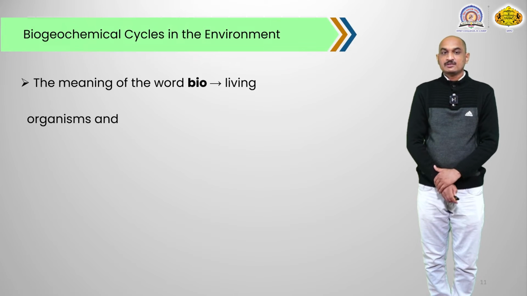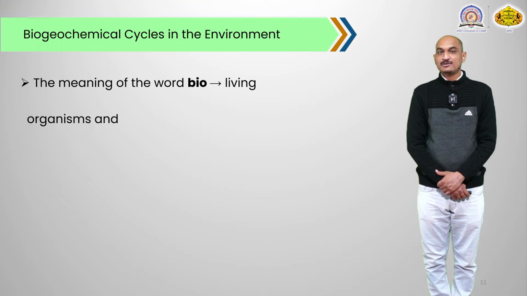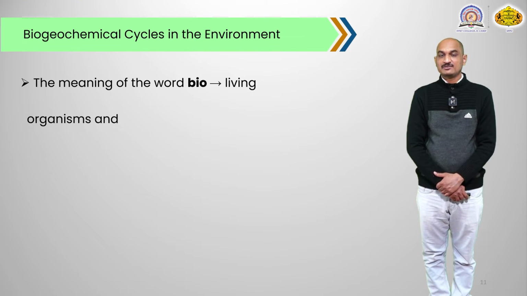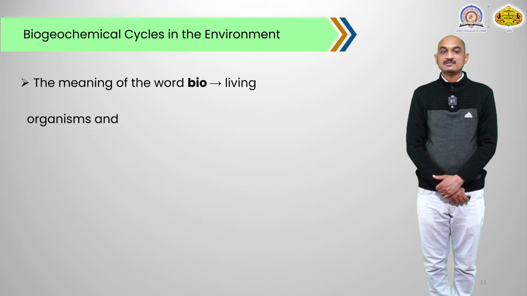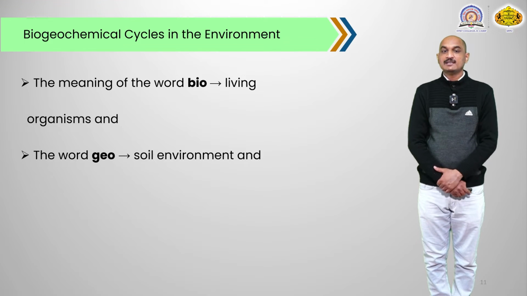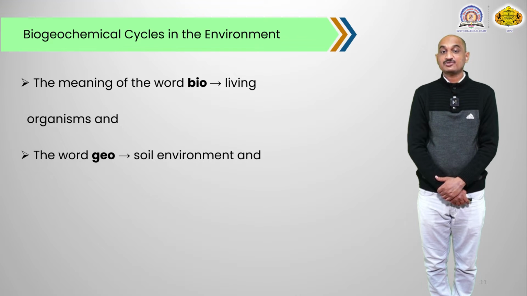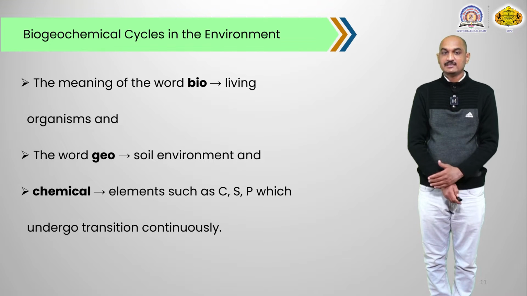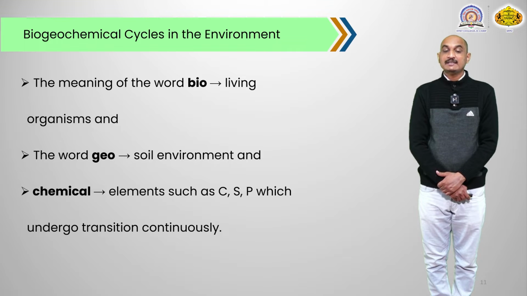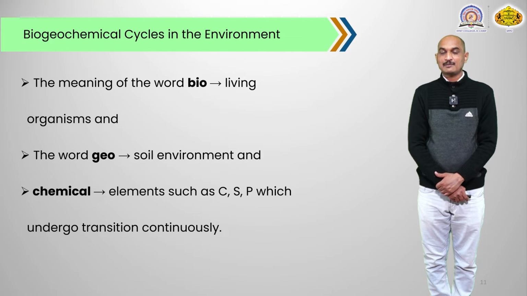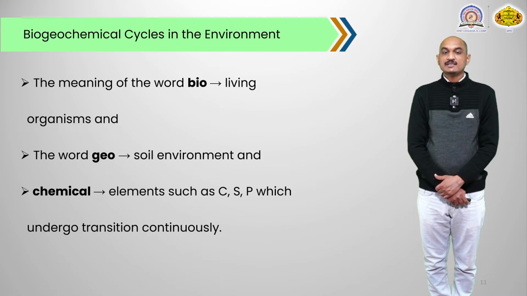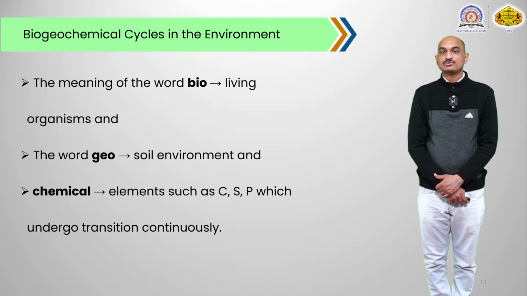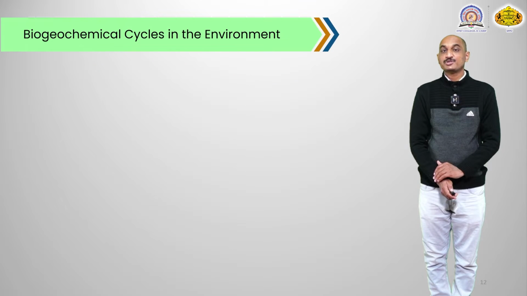Here we discuss the meaning of the word biogeochemical cycle. The word bio means the living organism, the word geo means the soil environment, and the word chemical indicates elements such as carbon, sulfur and phosphorus, which undergo transition continuously through this cycle. This is the meaning of the word biogeochemical.